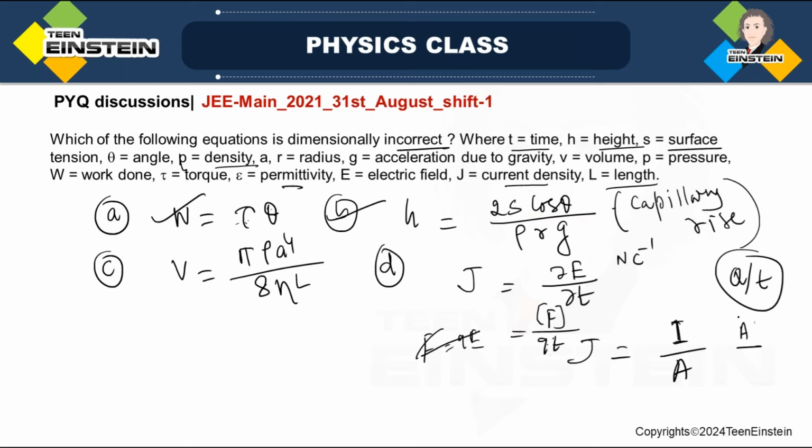So in case of this current density, actually we don't get force and all. So current divided by area. Okay, so it seems to be wrong. Okay, this seems wrong. Let me confirm you.